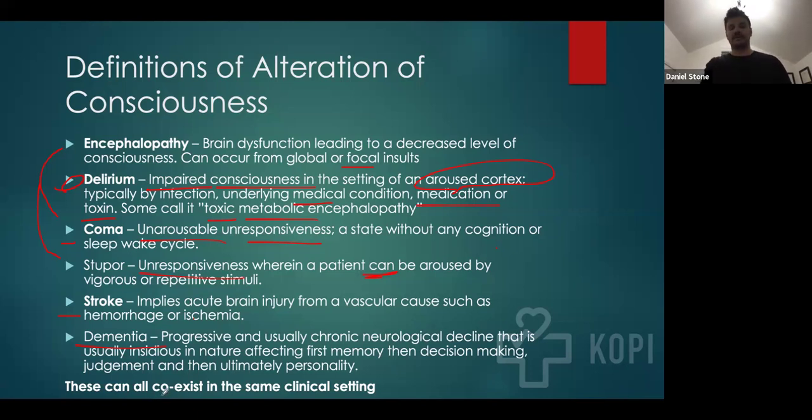And it's also always important to remember that any and all of these conditions can coexist. Dementia patients can have strokes. You can have stupor, but not coma, in the setting of encephalopathy. Encephalopathy is a type of delirium. These are all just definitions. They're not necessarily meant to imply that this creates a differential for you, but when you use words, you just need to know what they mean.